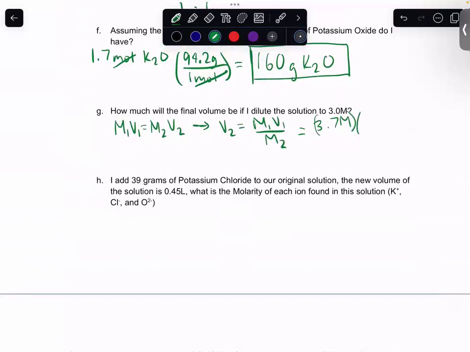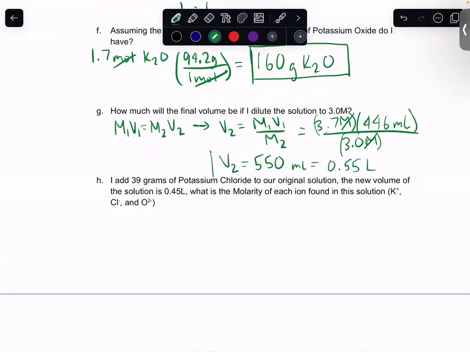We can keep it in milliliters, 446 milliliters, all divided by 3.0 molar. Now, when I do this, the units molar cancel out, so I am left with milliliters, meaning that my volume 2 will be in milliliters, and I get 550, once again accounting for sig figs. That would also be 0.55 liters if you're using liters.